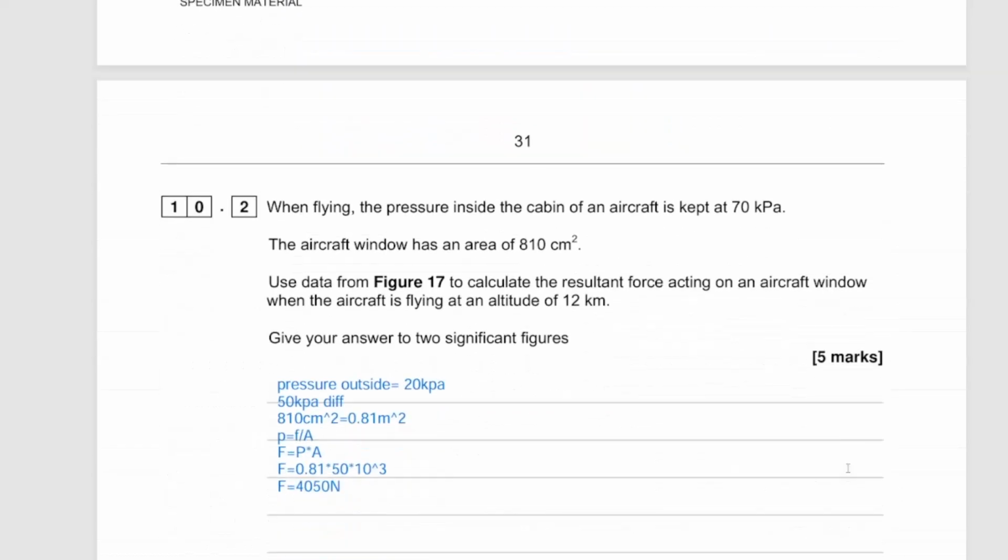Then for 10.2, when flying, the pressure inside the cabin of an aircraft is kept at 70 kilopascals. The aircraft window has an area of 810 centimeters squared. Use data from figure 17 to calculate the resultant force acting on the aircraft window when the aircraft is flying at an altitude of 12 kilometers.